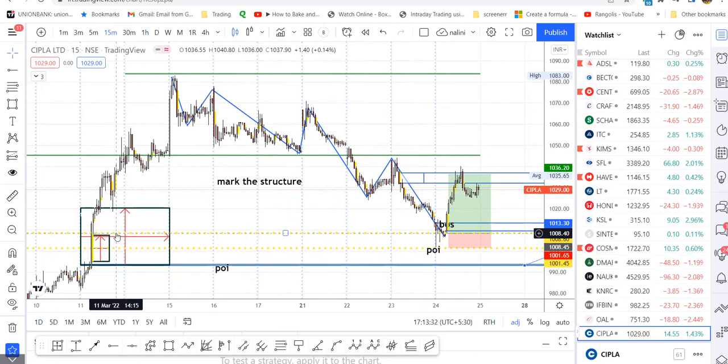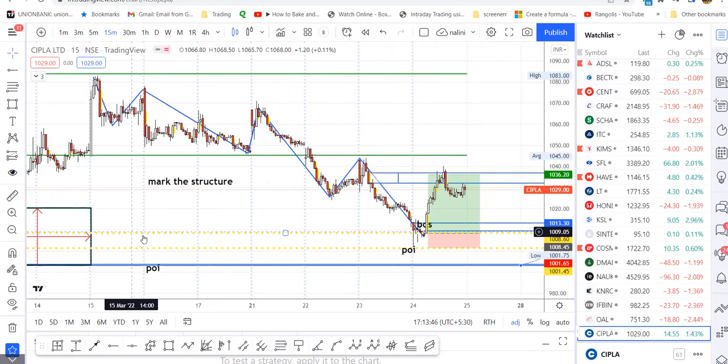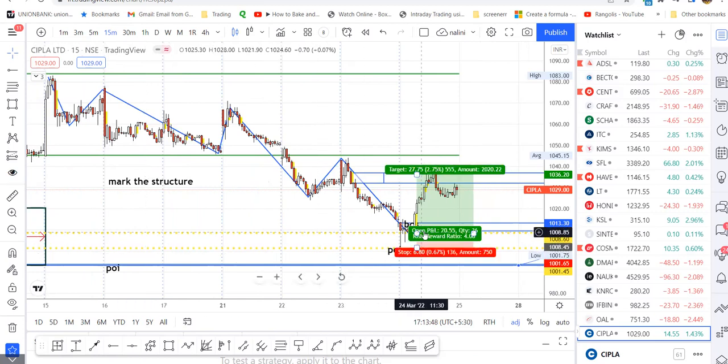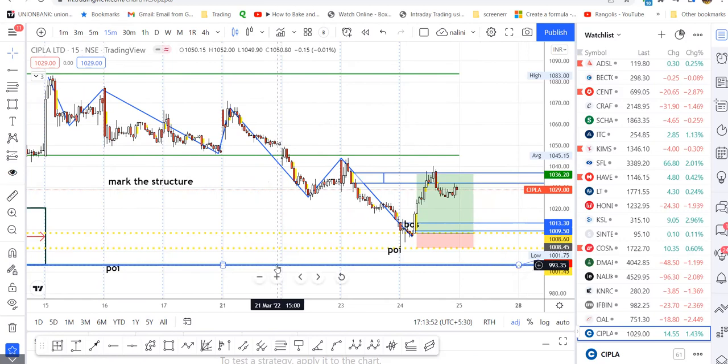Next step is to mark the structure, that is from body to body, and then wait for the price to come to the point of interest, and next wait for the break of the structure. This is the confirmation, and take the trade. That's how you can take the trade in anything, even in the Nifty also.